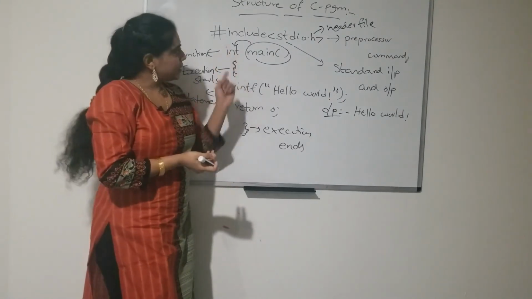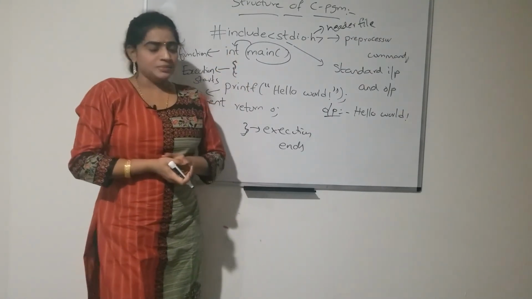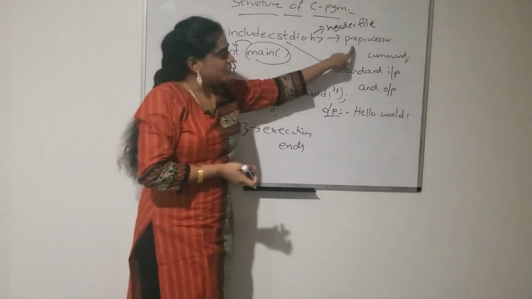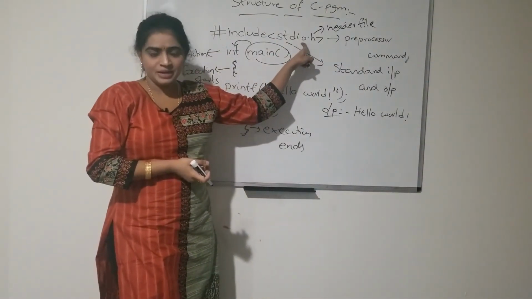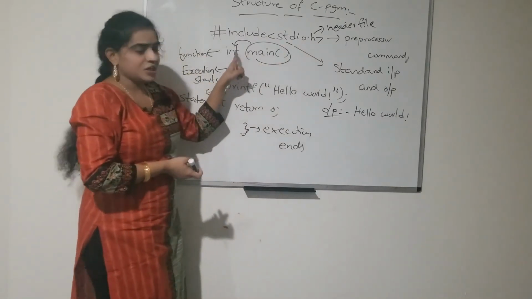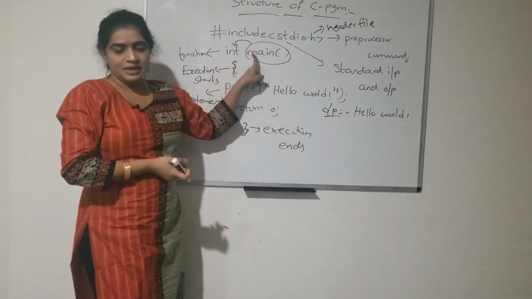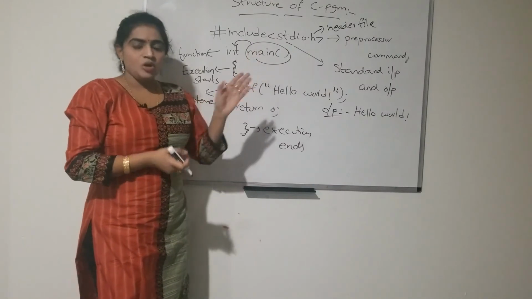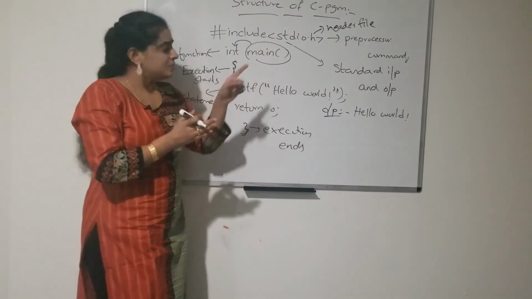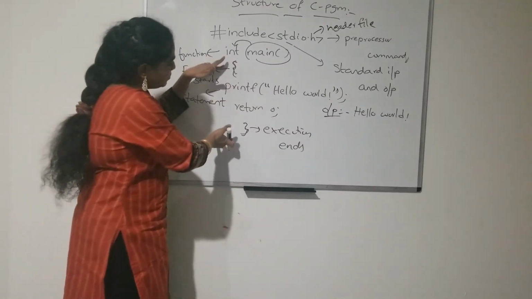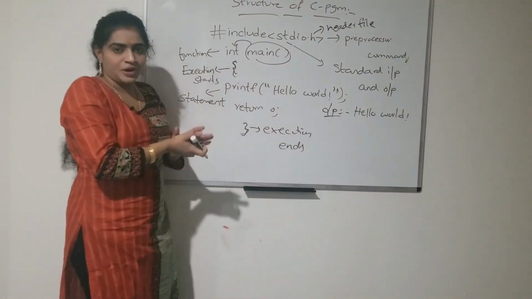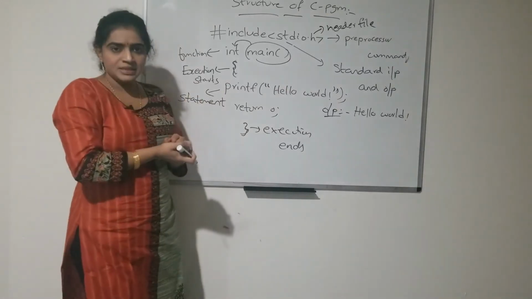So that's about the structure of a C program. The C program contains preprocessor commands. Here hash include stdio.h is a preprocessor command. Next is functions. Here in int main, main is the function. The program execution always starts from the main function only in C. Whatever statements you write within this block come under statements.